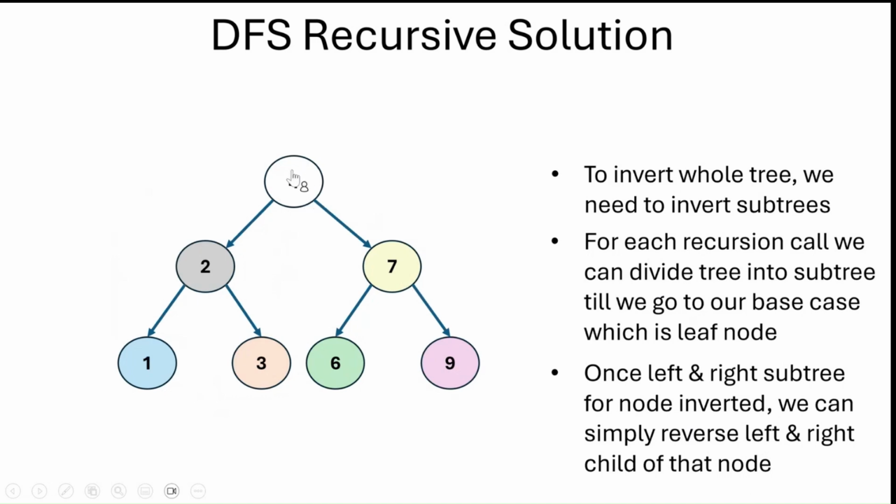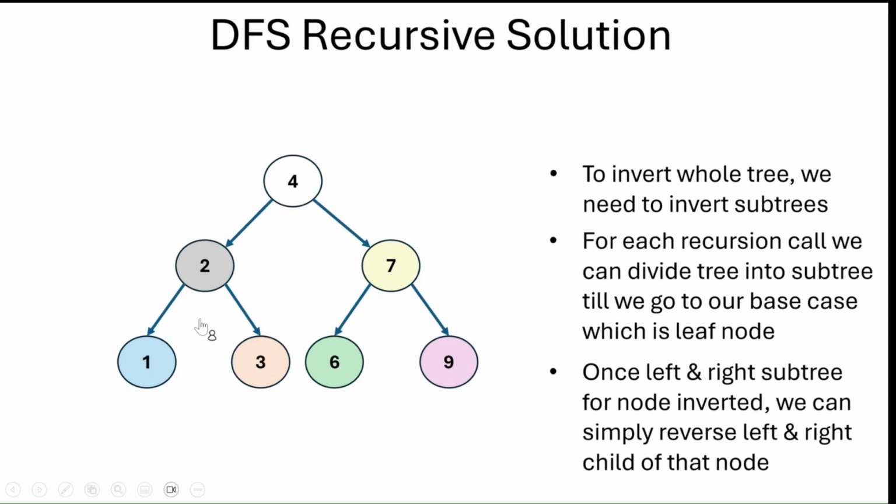For example, for this whole tree where 4 is the root, if its left subtree and right subtree are inverted, then we can simply swap the left and right child of 4 so that we get the inverted tree for the whole tree. So the problem itself is recursive in nature. That's why we can use the recursive solution here using DFS.